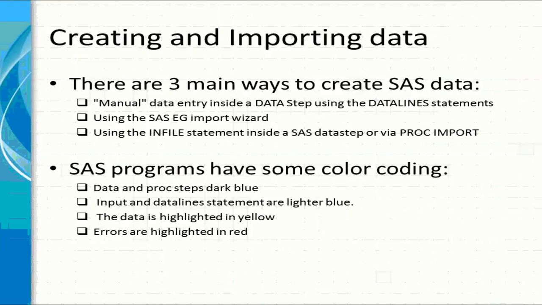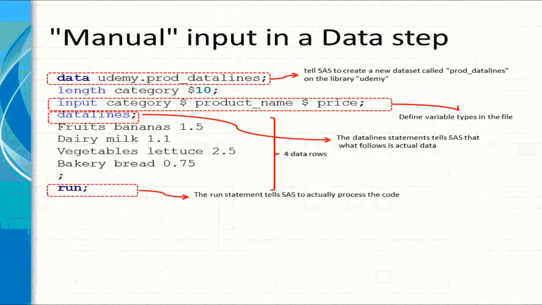Remember, there's some color coding when it comes to SAS programs. There's some highlighting that takes place. It's important to bear this in mind. Okay, so in terms of manual input using a datalines statement, in this example here, I'm creating the prod_datalines dataset under the Udemy library. I need to specify the length of, say, a variable.